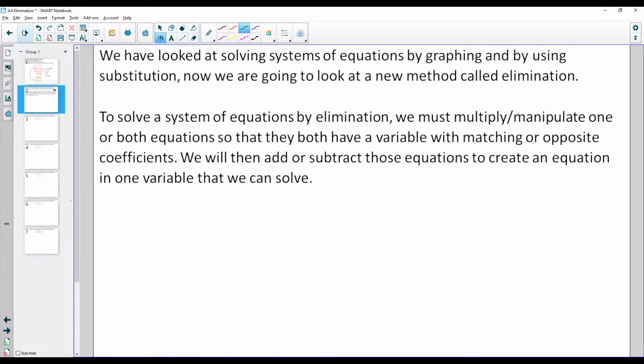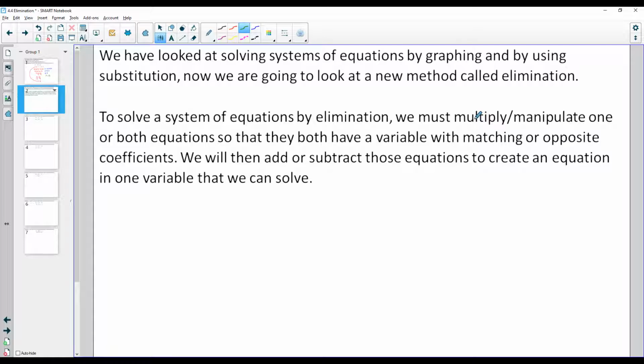All right, so that's just a little review. Now we've looked at solving systems of equations by graphing and finding an intersection, or by using substitution like we just did. Now we're going to look at a new method called elimination. Essentially, to solve a system by elimination, we're going to multiply or manipulate one of the equations, or maybe sometimes even both, so that they have a variable with matching or opposite coefficients.